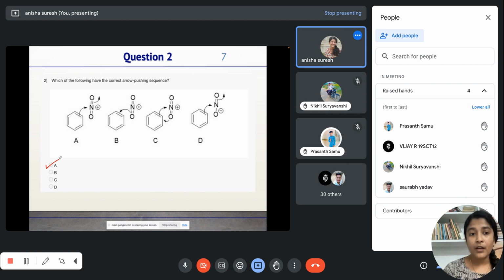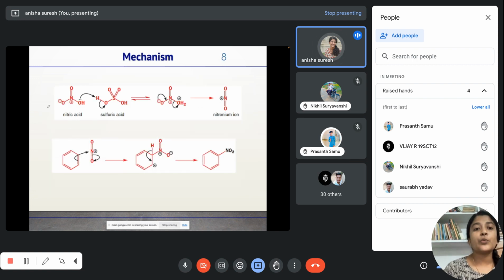For explanation of this arrow pushing sequence, we will see the mechanism of nitration reaction of benzene. Nitration reaction is carried out in presence of HNO3 and sulfuric acid.